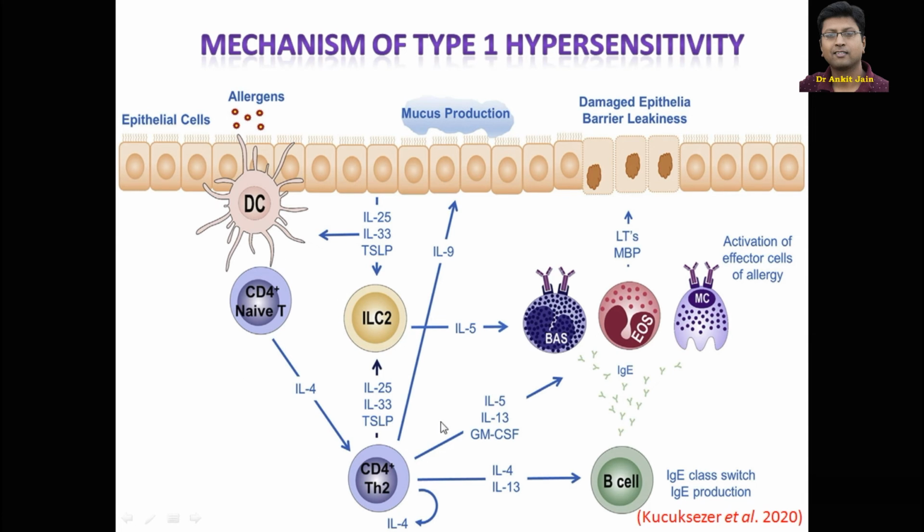With the help of all these cytokines, this will act mainly on the T helper cell 2, and that T helper cell 2 will provoke the eosinophil, basophil, and monocytes, and this will release histamine and also IgE. The IgE is produced by the B cell, and that IgE will bind to the basophil, eosinophil, and monocytes. So they will degranulate, and after degranulation, that will enhance the inflammation.